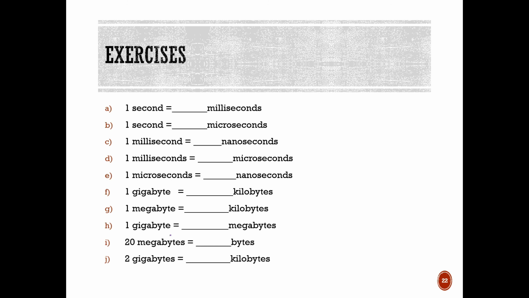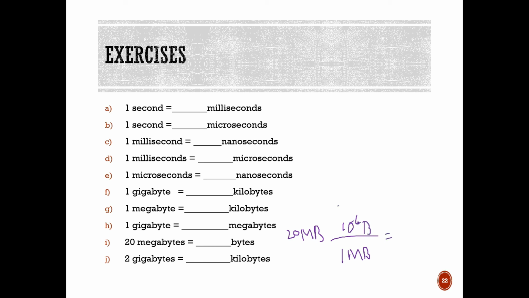Alright, so 20 megabytes into bytes. Same exact thing. This is actually a very easy conversion. So it's 20 megabytes, and how many bytes in a megabyte? 10 to the 6.